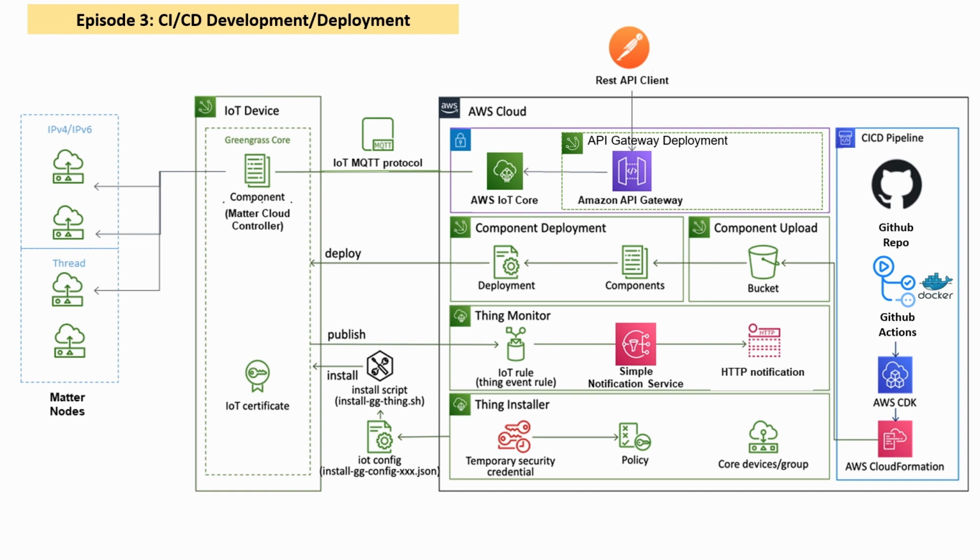And the Matter controller then will publish messages back, and an IoT rule, a thing event rule, will go and pick up some changes that happen to our Matter devices, and we'll use the SNS service to send HTTP notifications back out to our React server. So any changes that happen on our Greengrass devices will be picked up by the Thing monitor, and they'll be sent back as HTTP notifications.